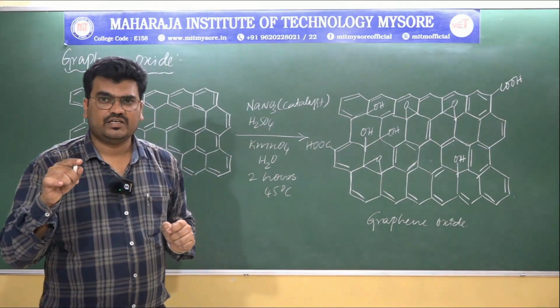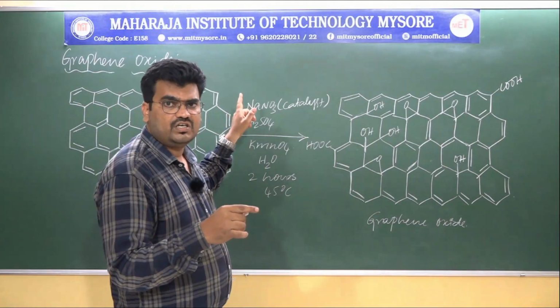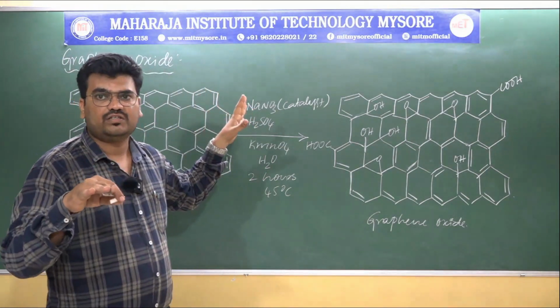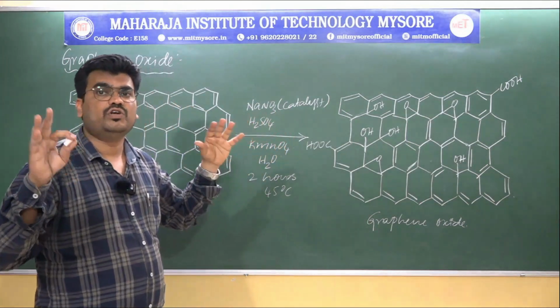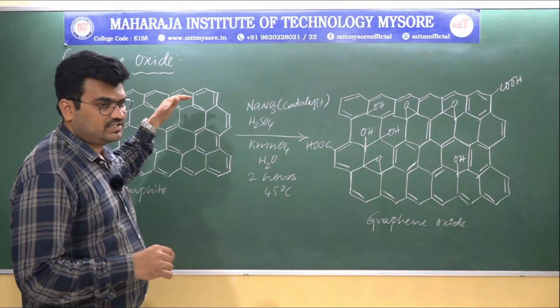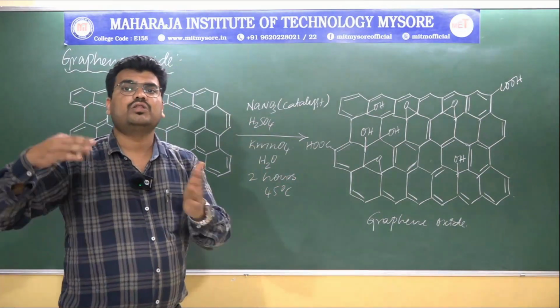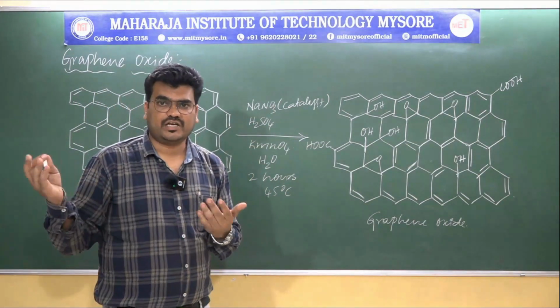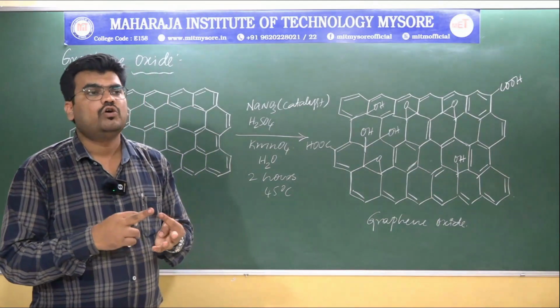This graphene oxide or graphene is the only nanomaterial which has only surface. Graphene is the mother of all other nanomaterials like carbon nanotubes or fullerenes.